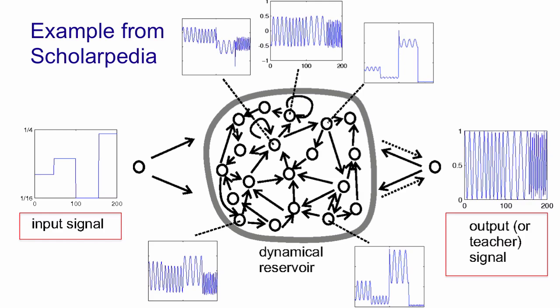And those output weights are learning to map that complicated dynamics to the particular dynamics you want for the output. All the other pictures are showing you the actual dynamics of individual units inside the dynamical reservoir. One thing to notice is that there are also connections from the output back to the reservoir. Those aren't always needed, but they help to tell the reservoir what output's been produced so far.